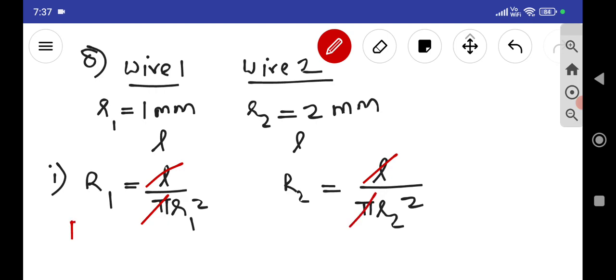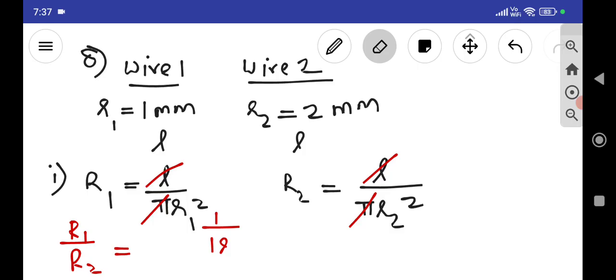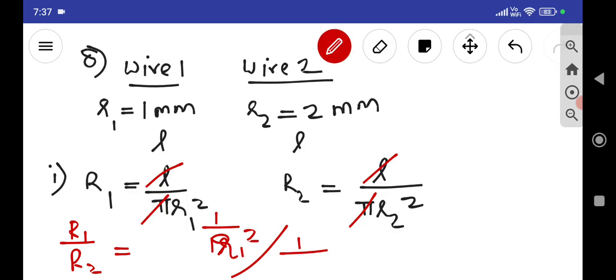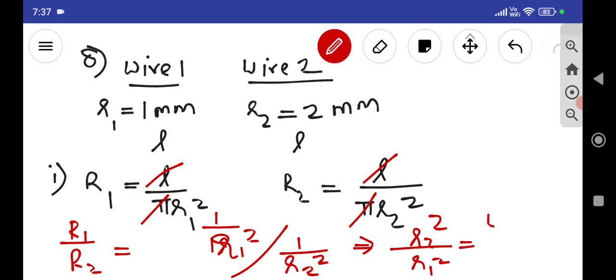Now if you take R1 by R2, you are going to get 1 by r1 square divided by 1 by r2 square, since pi we have also cancelled. So you are going to get r2 square by r1 square. So substituting, you get 2 square is 4 and 1 square is 1.